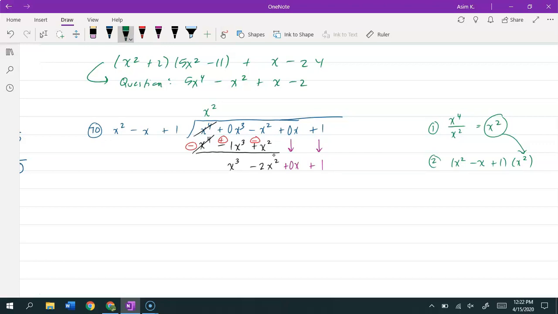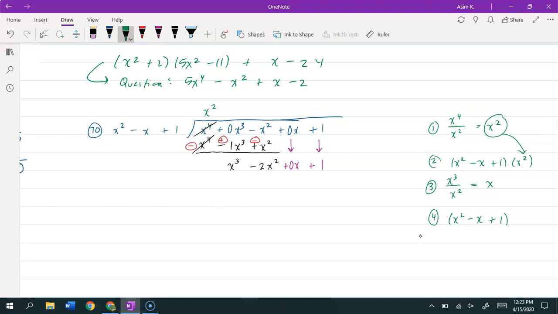So what's the next step in the algorithm? You ask yourself, what is x cubed divided by x squared? The first term right here, divided by the first term right here, which is x squared. When we do that, we end up with an answer of x. All right. What do we do next? We take everything that is in the divisor, x squared minus x plus 1.